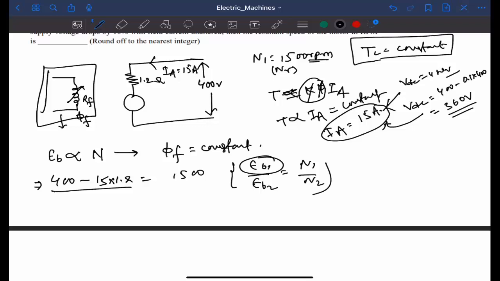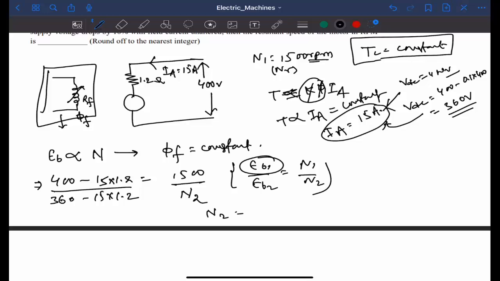EB1 is the old back EMF when supply was 400, and when the supply voltage was reduced to 360 volt, the induced back EMF is EB2 and rotor speed is N2. So from this we can solve N2.